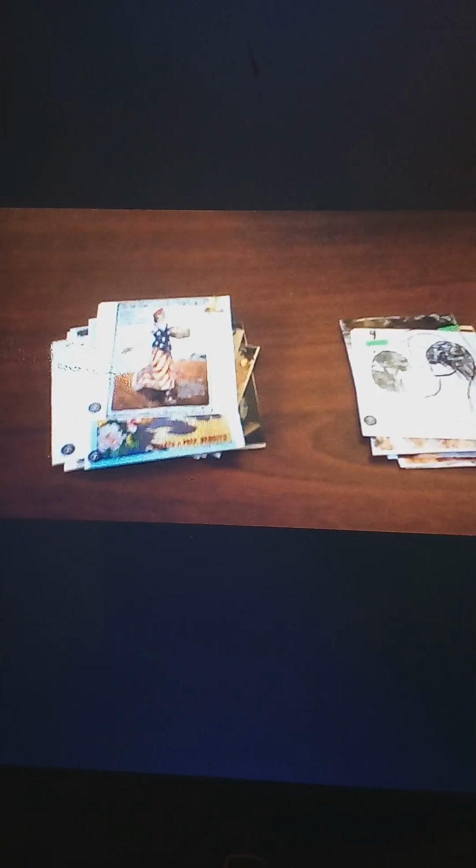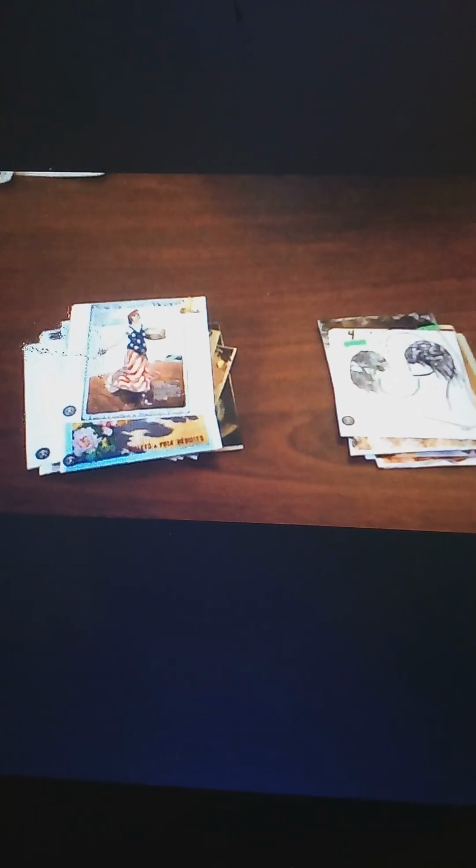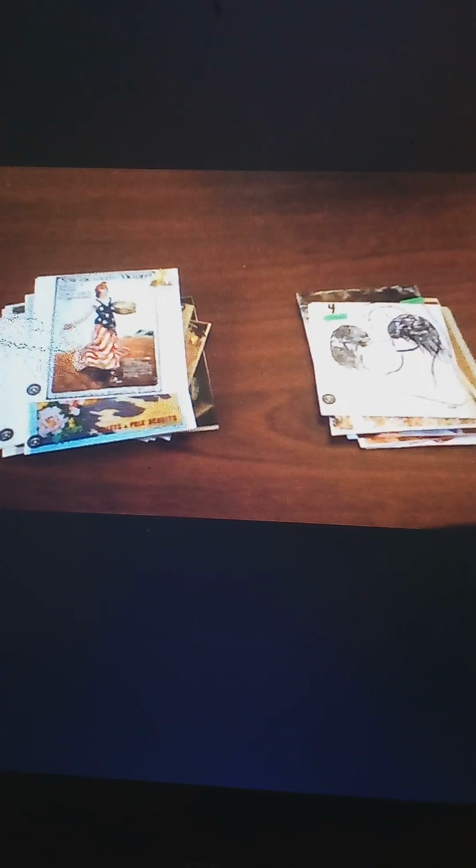So when I say public domain, before a certain time period, generally music and art pieces from before the mid-1920s are considered public domain, which means it's free use. You don't have copyright issues to deal with to use these pieces or music in your works.